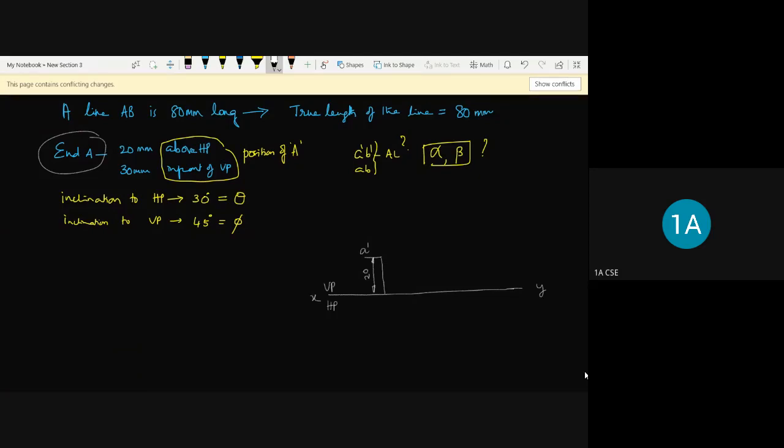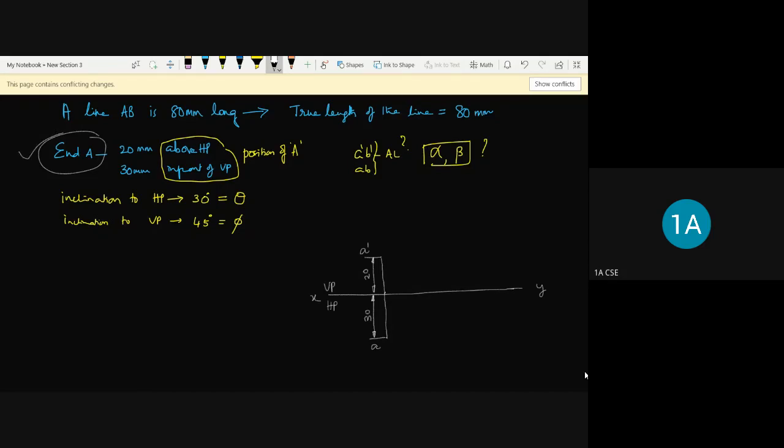Using the projection of a point concept, I take the point A projection here, that is 30 mm in front of the VP. So this is A, and the dimension of this is 30 mm. So this is done.